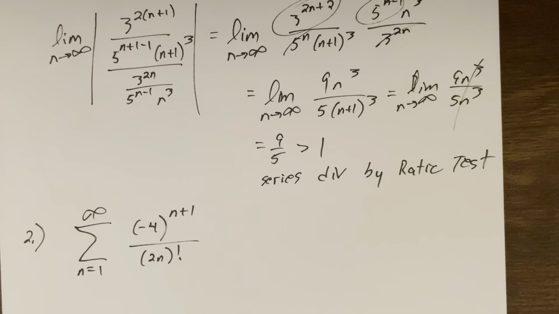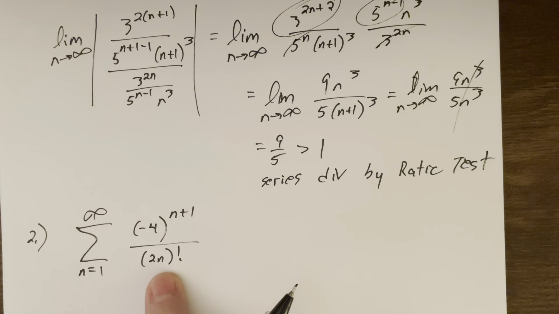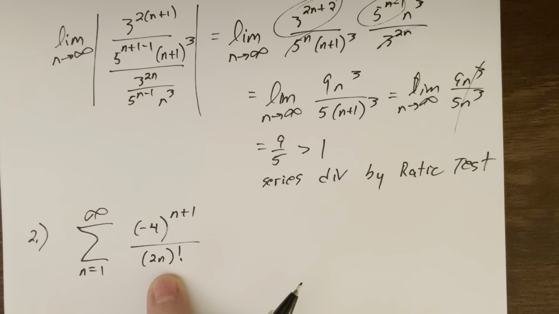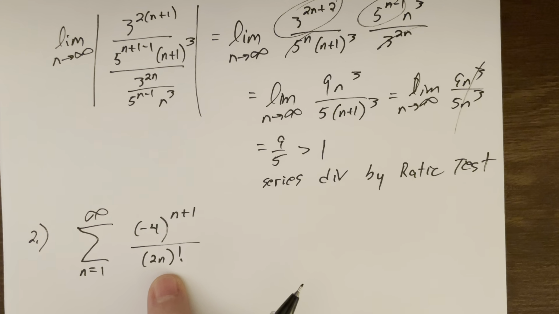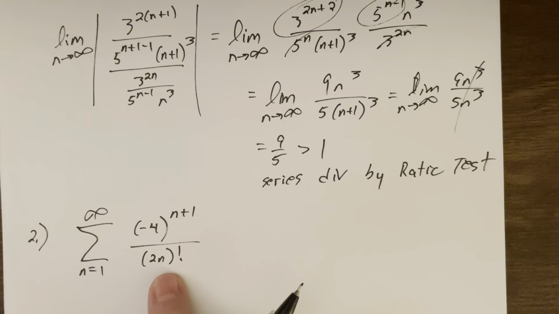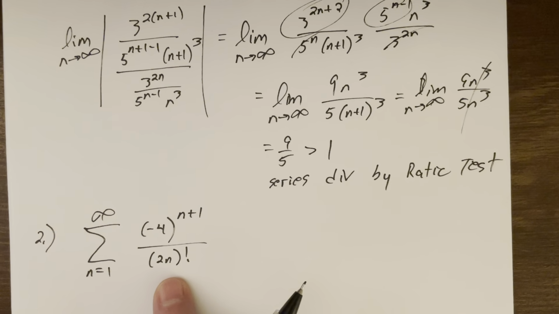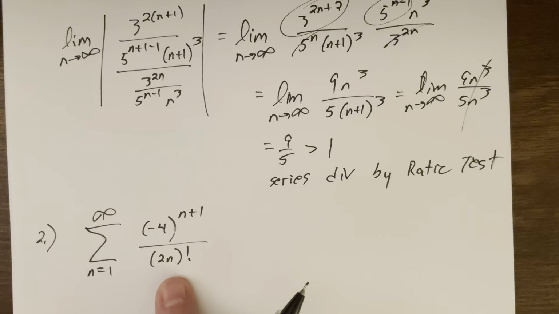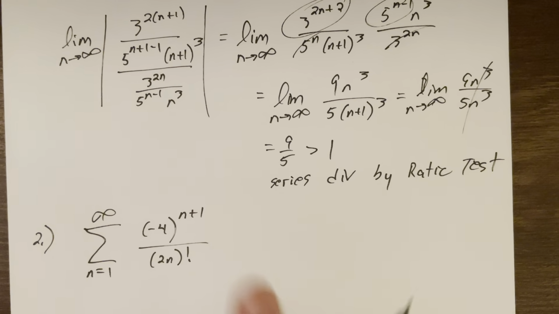Okay, so now I take a look at this problem, and I see the factorial. Right after we do this, I'm going to show you another quick follow-up with factorials, but factorials in general, as long as they're like this, and again, in number 3, I'll show you what a difference would be, but when you see a factorial, that is practically begging you to use the ratio test. No matter what the other pieces are.